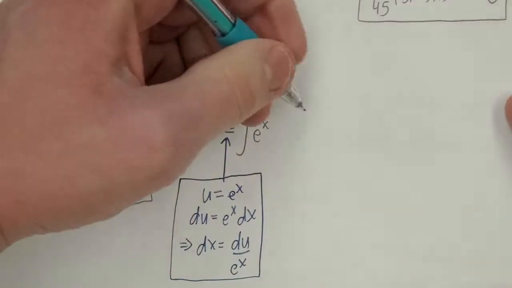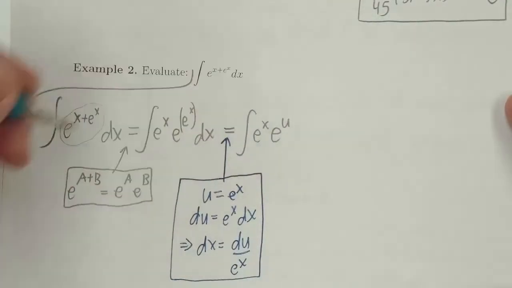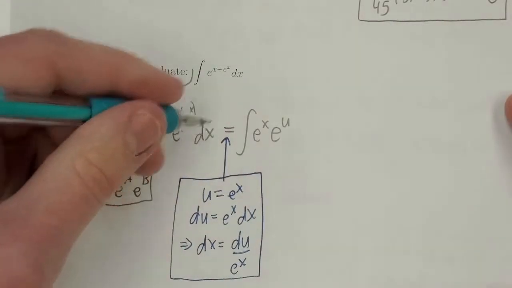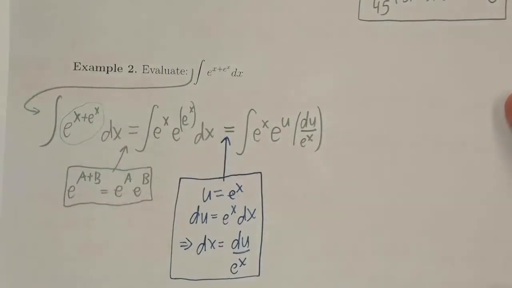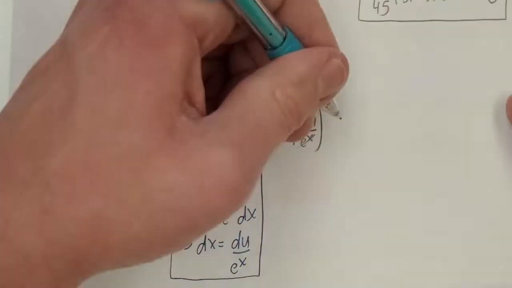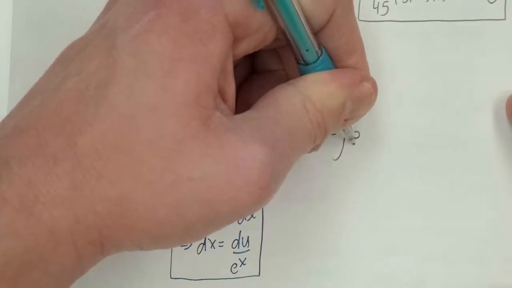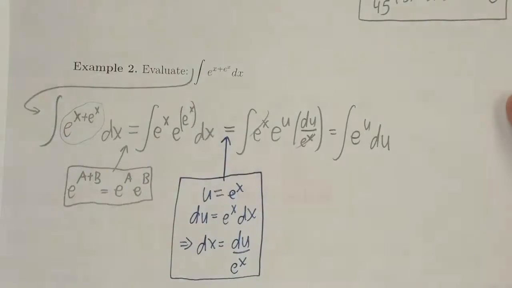We have e to the x, and then times e to the u, and then times du over e to the x. Because then you realize, well, wait a minute, these e to the x's cancel each other out fairly nicely. So ultimately, you're just left with e to the u du.